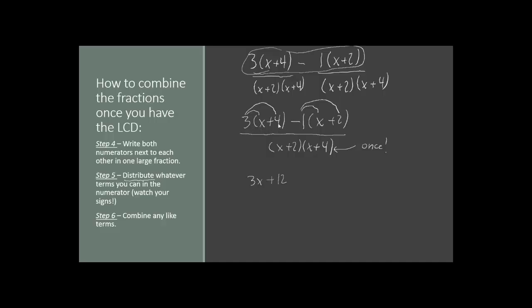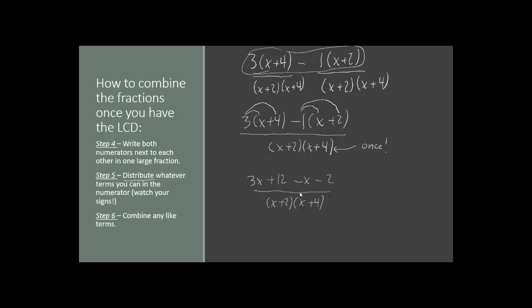So this one term is split up into 2 terms. And then we'll do the same thing for the second part of the numerator. -1 times x is -x. -1 times +2 is -2. And it is still all over the least common denominator, x plus 2 times x plus 4.